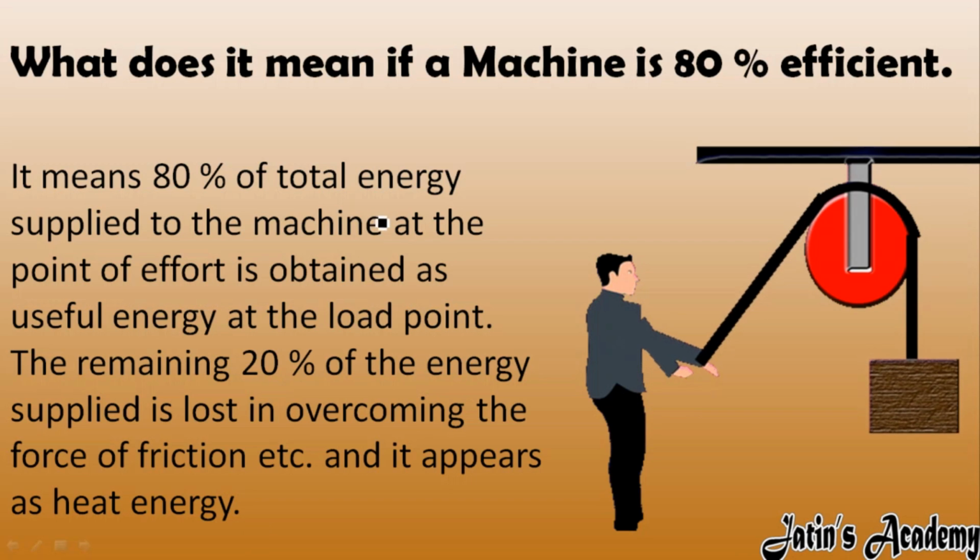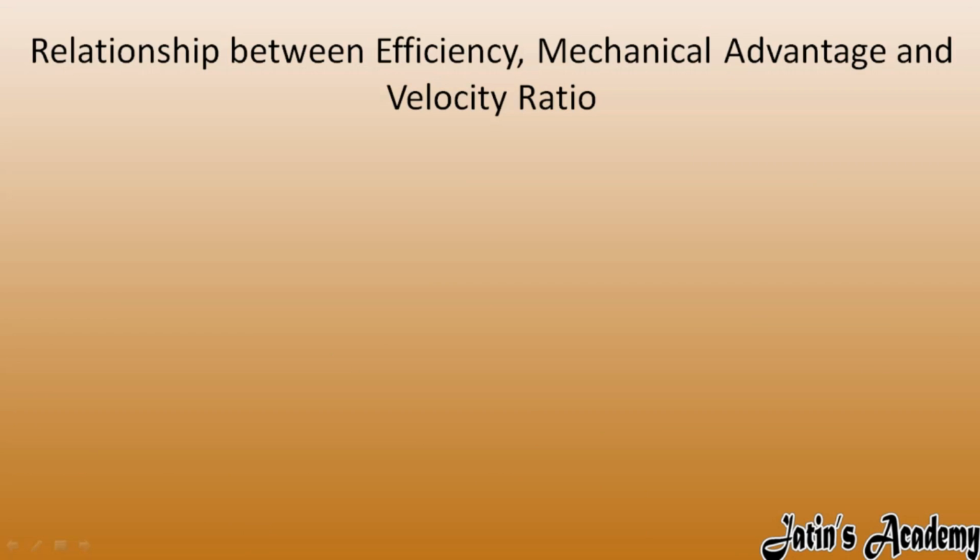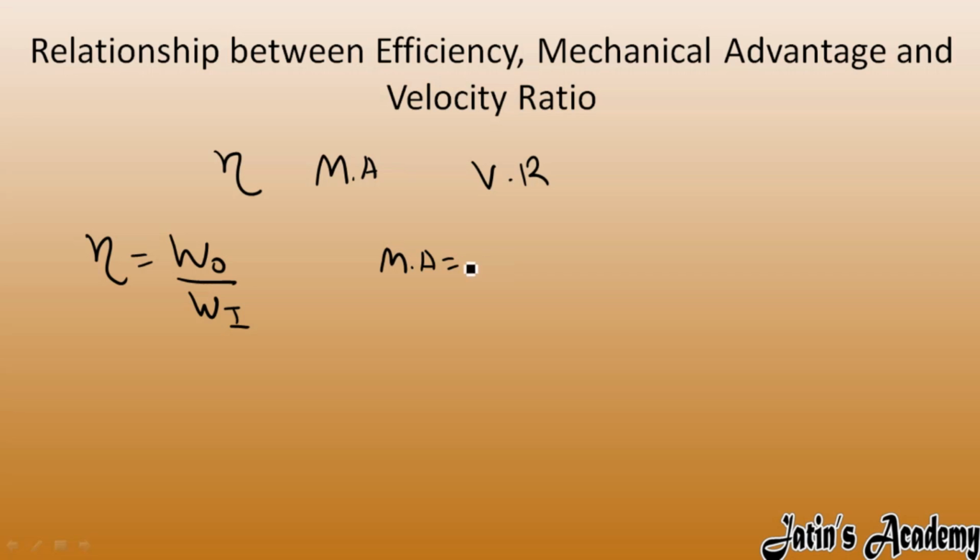Clear? Next we have to see the relationship between efficiency, mechanical advantage and velocity ratio. So one by one see the formulas. Efficiency is work output over work input. Mechanical advantage is load upon effort, and velocity ratio is velocity of effort over velocity of load, or displacement of effort over displacement of load.